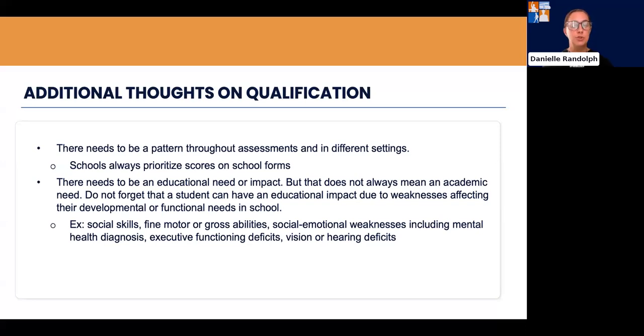If we're seeing some social emotional deficits that are impacting mental health, if we have executive functioning deficits that are impacting mental health, because they do, but also impacting their ability to just function and be independent, going from class to class.